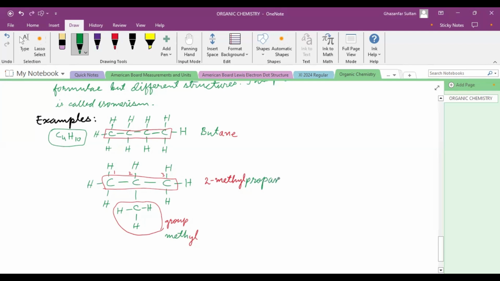So suffix ane is used. So its name is 2-methylpropane. So you can understand that both of these are isomers because they have the same molecular formula but different structures.